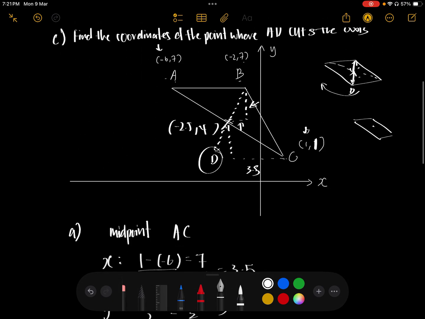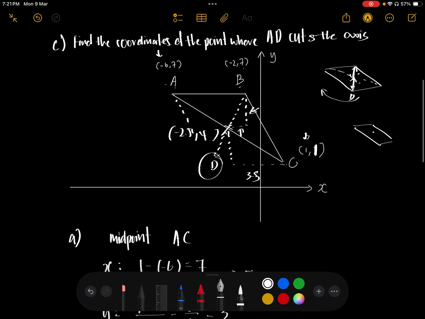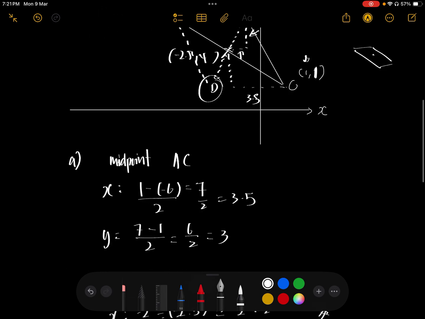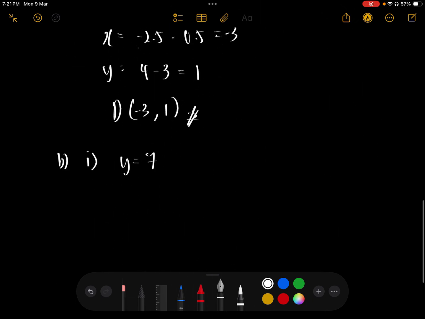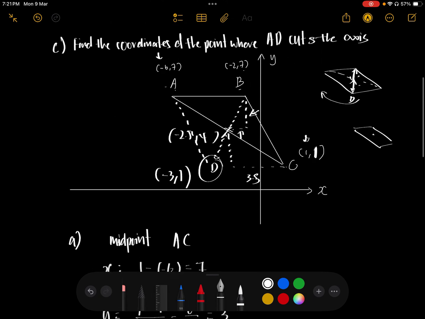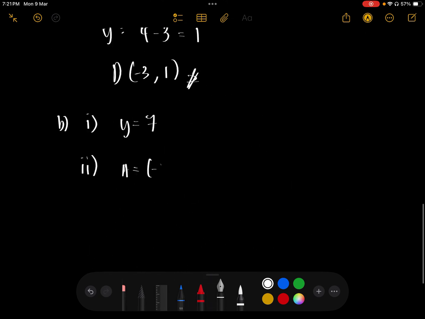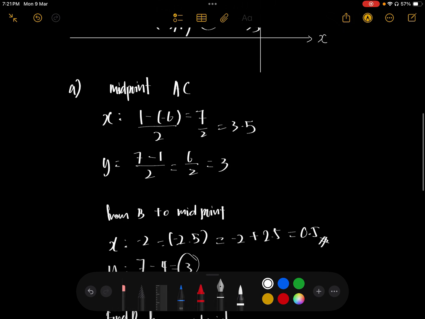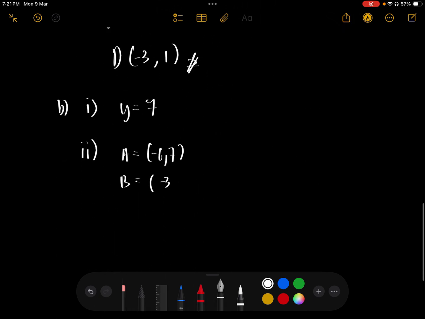All right, and AD. Let's put in our D. Our D is negative 3 and 1. So our point A is 6, 7, and D will be negative 3, 1.